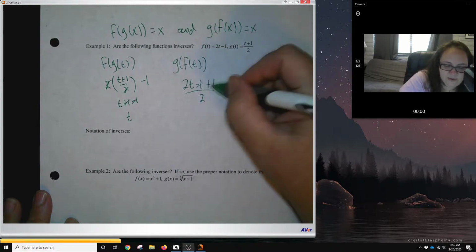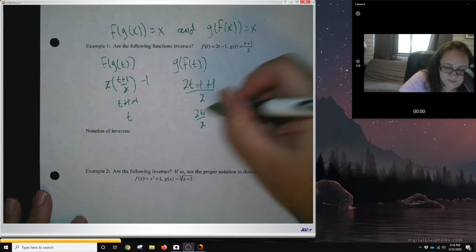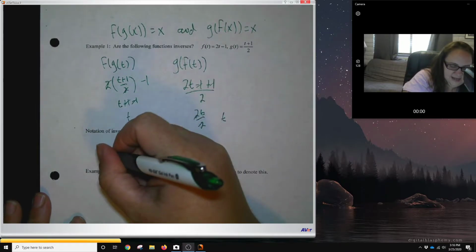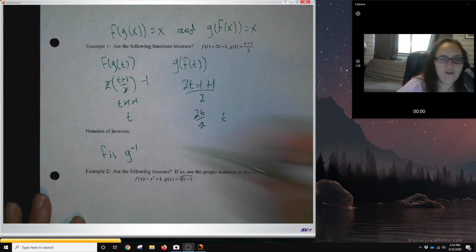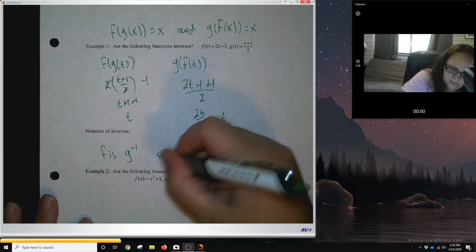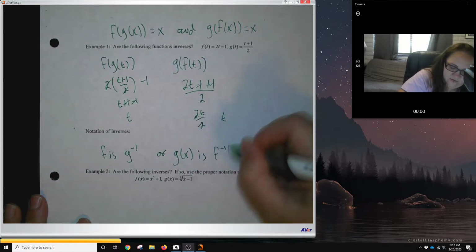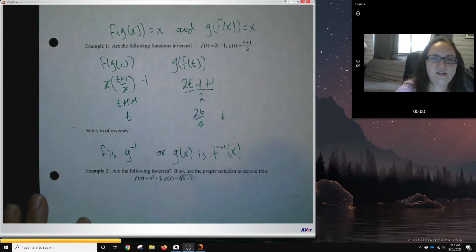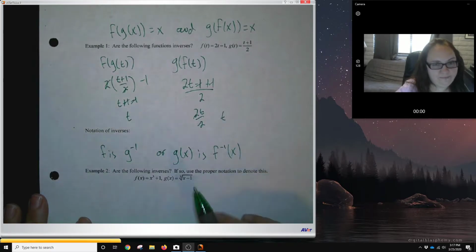This time the minus 1 and plus 1 will cancel first, and then the 2's will cancel, and again we're left with just a t. So we would say that f is the inverse of g, or that g is the inverse of f. And you don't necessarily need to use the of x notation. It means the same thing.